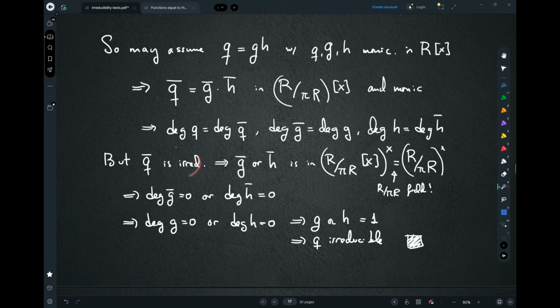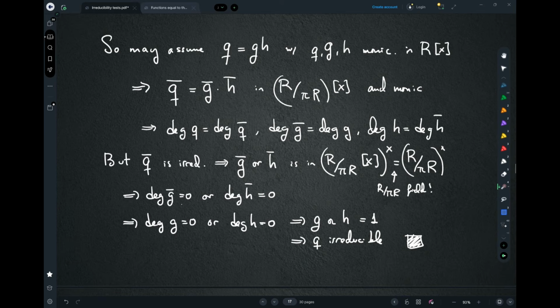But q bar itself is by assumption irreducible, and I have a factorization in here. So one of the two has to be a unit in the ring, but in fact, because this is a polynomial ring over a field, the only units in a polynomial ring are actually the units in the field. So it has to be some non-zero element.